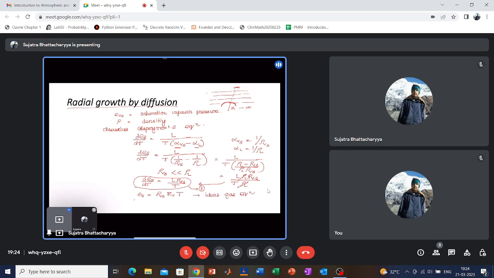Now dES by dt will be equal to d rho Vs by dt, just I am differentiating, into Rv into T. See, when we are differentiating with temperature, rho is a function of temperature and T is of course there, but Rv is a constant. So don't differentiate that. Therefore, it will be rho Vs into Rv, and T differentiation is gone.